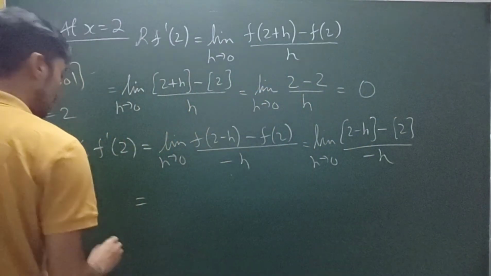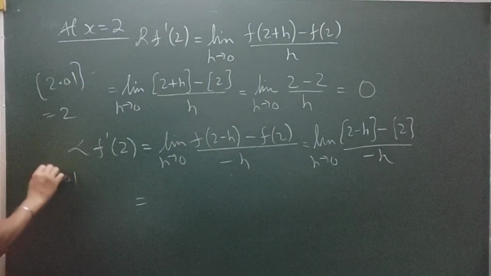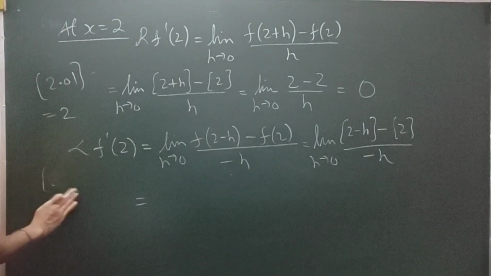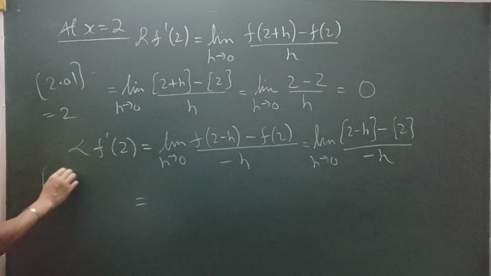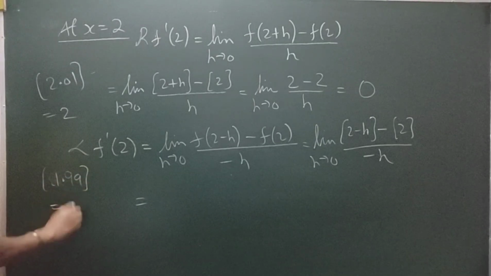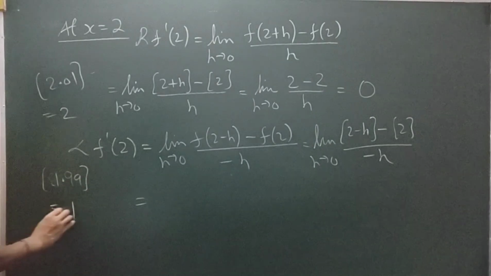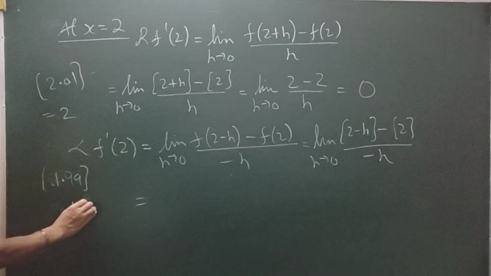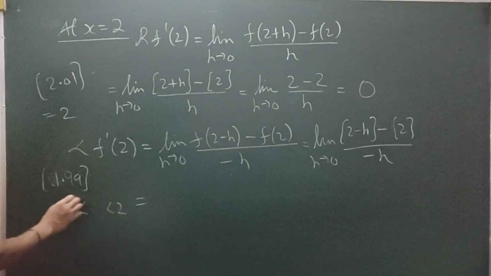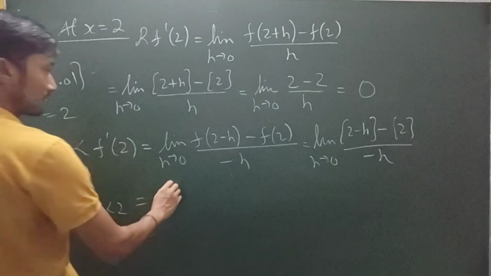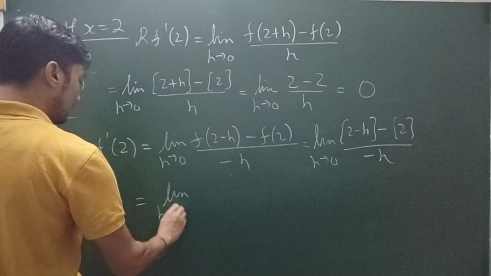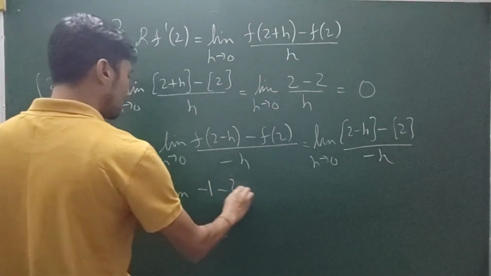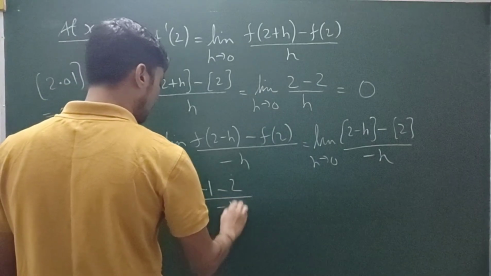So 2 minus h, slightly less than 2, let's say 1.99. So what is the greatest integer function? Because 1.99 lies between 1 and 2, we will be writing down the smaller one, isn't it? So that's going to be limit value as h tends to 0, 1 minus 2 divided by minus h.